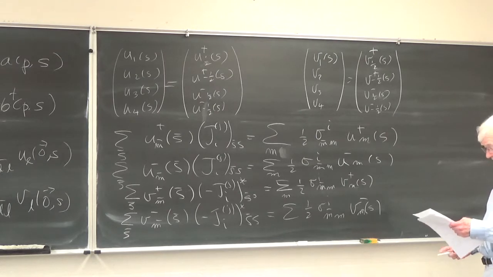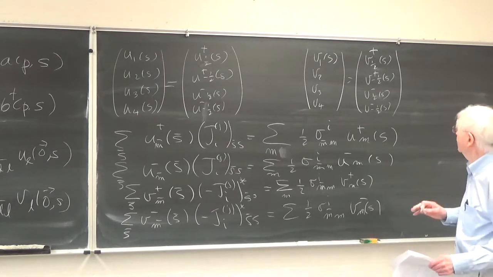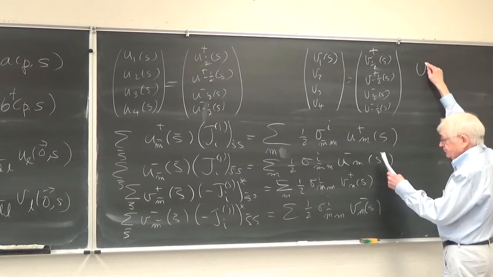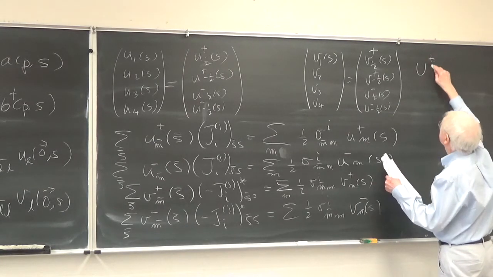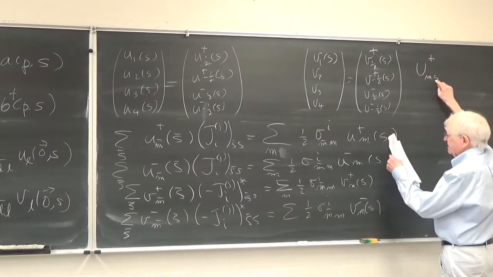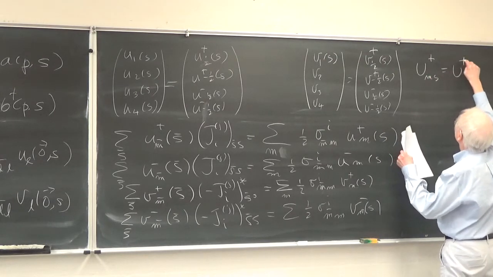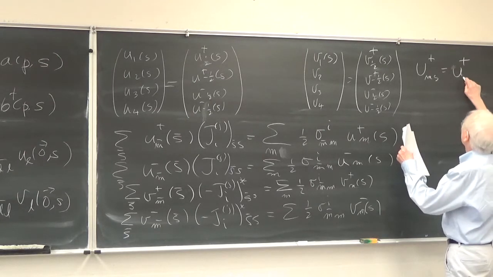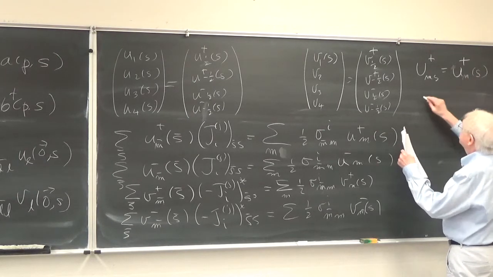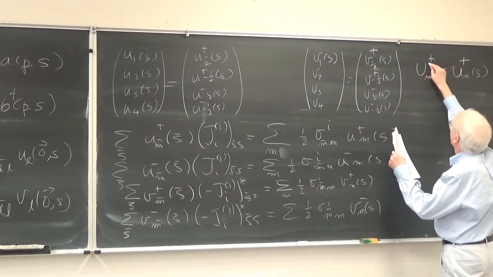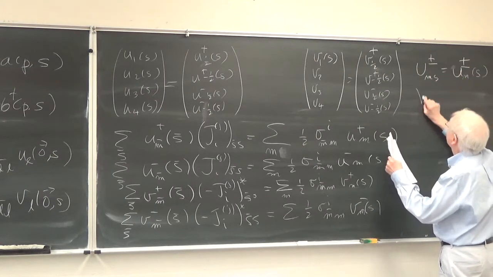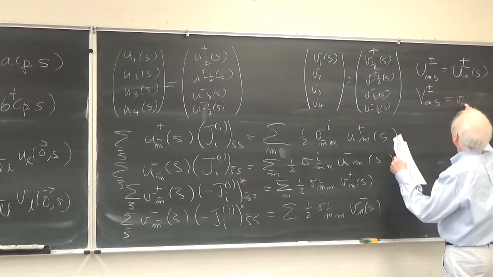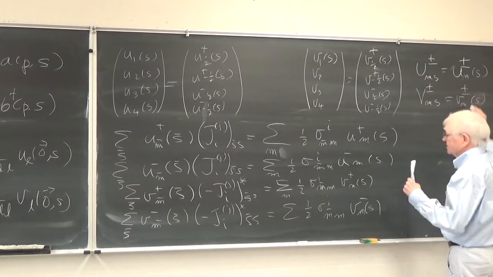And so we can rewrite this as a matrix U plus M S, which is going to be U plus sub M of S, or minus, and V plus or minus M S is going to be V_M of S plus or minus.